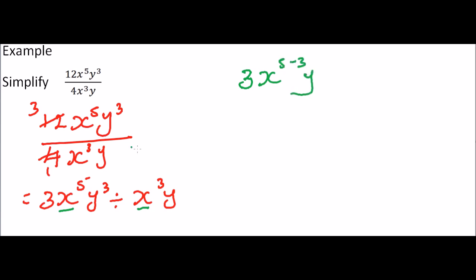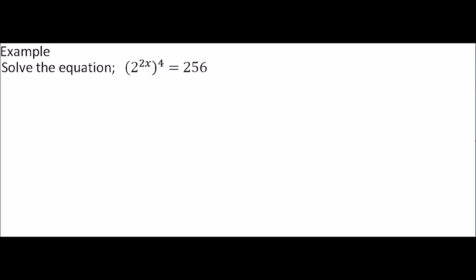Then we have y, which is 3 and 1, so it will be 3 minus 1. Minus because it is division. So 5 minus 3 is 2, and 3 minus 1 is 2. So we have 3 x squared y squared. So that is how you simplify that.